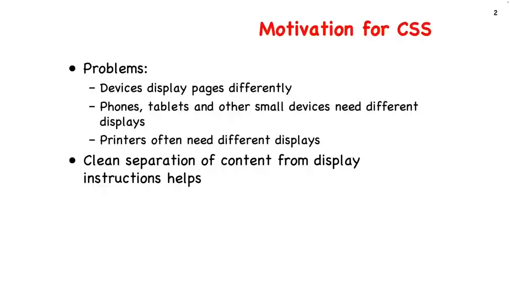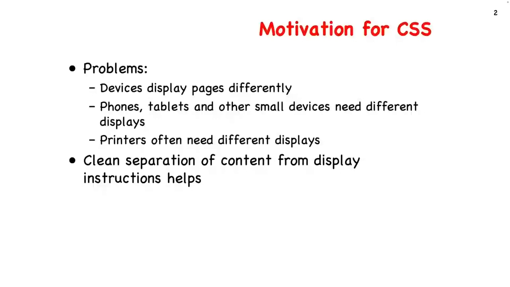Okay, now, that's fine. That's what the problem is. And what we want to do is to make sure that in doing that, there is a really clean separation of content from display instructions. If we've got a clean separation of content from display instructions, we can reuse the content with different sets of display instructions. If we've got content and display instructions mixed up together, it's very difficult to repurpose the content.